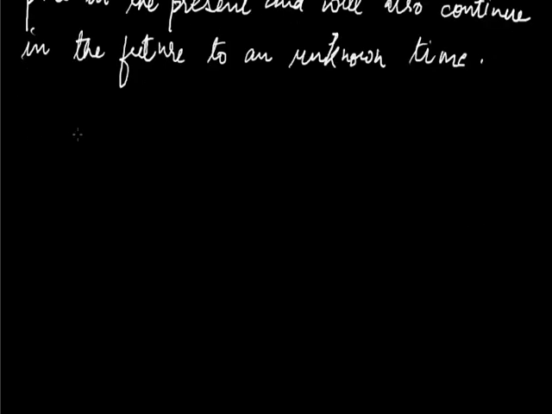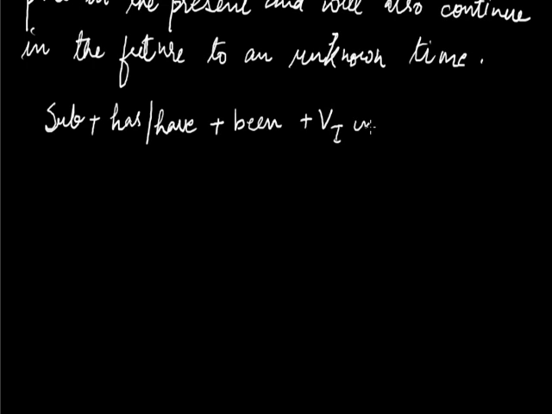The general formula for studying the present perfect continuous tense goes as subject plus has or have plus been plus first form of verb ing plus since or for plus time expression.